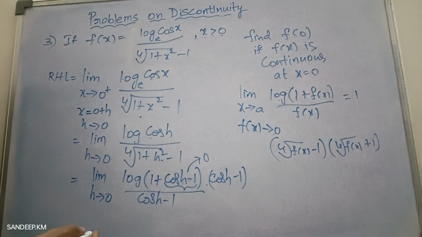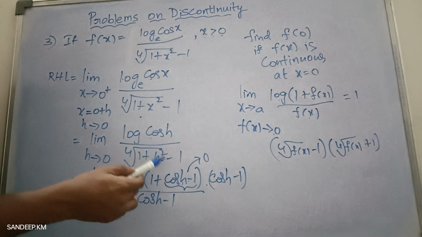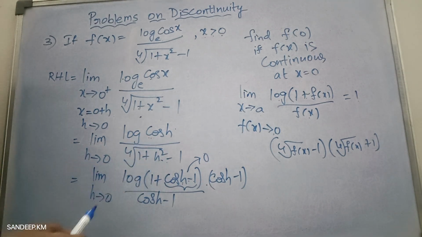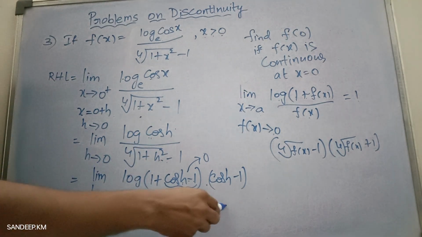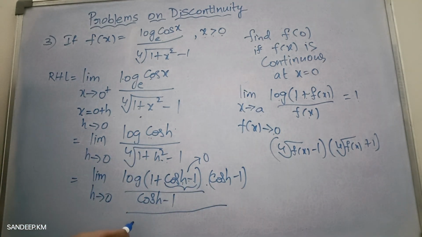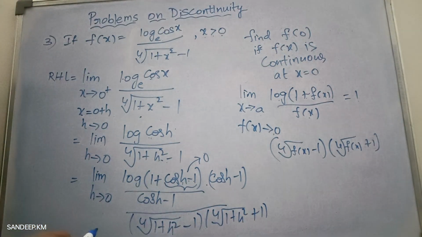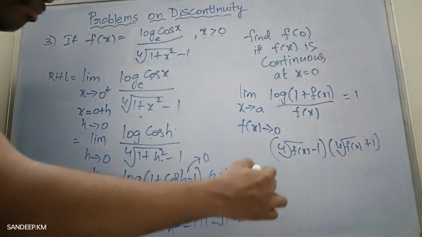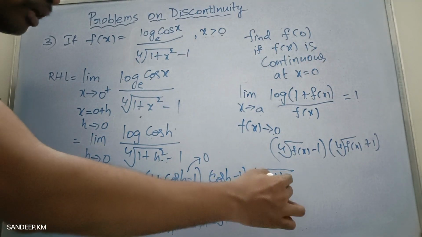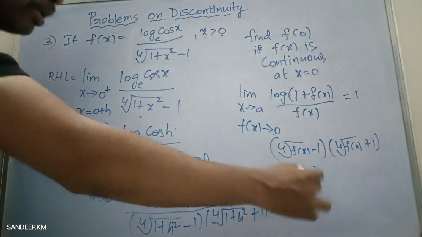So let me multiply the denominator and numerator with its rationalizing factor. In the denominator we had 4th root of 1 plus h square minus 1. I will multiply it with the 4th root of 1 plus h square plus 1. If I multiply it in the denominator, I should also multiply it in the numerator: 4th root of 1 plus h square plus 1.